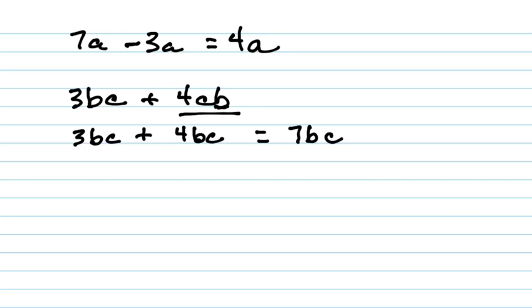So, how about these? 2x minus x squared. Like terms or not like terms? Go with your gut. What is different? This is an x, but this is not a plain old x, is it? It's an x to the what?